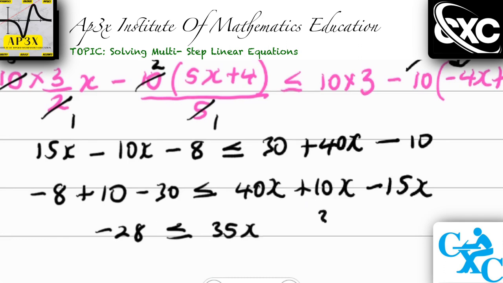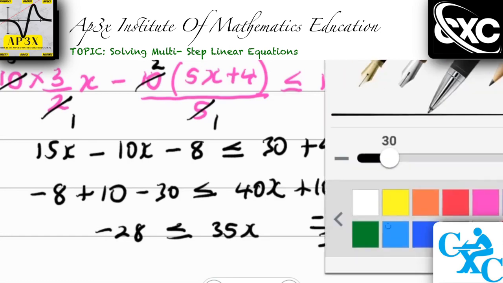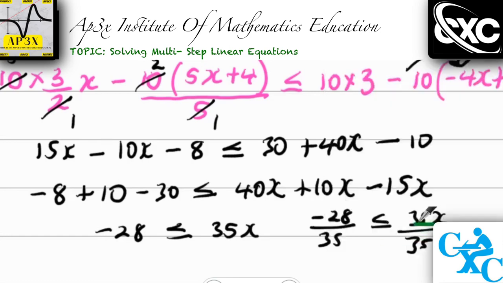So we end up with 35x. Let me just write it accordingly. So I have negative 28 divided by 35 is less than or equal to 35x divided by 35. So easily then we can cancel 35, 35.